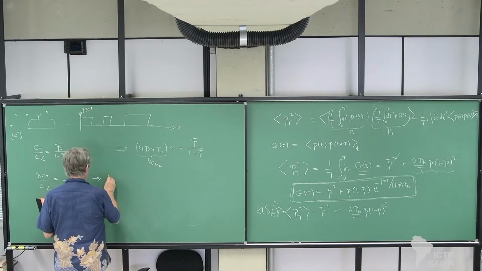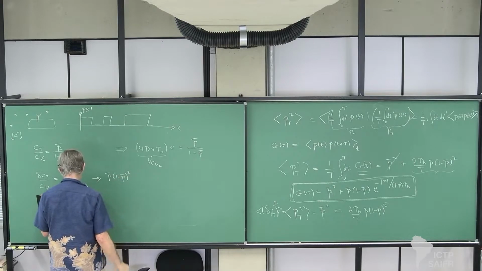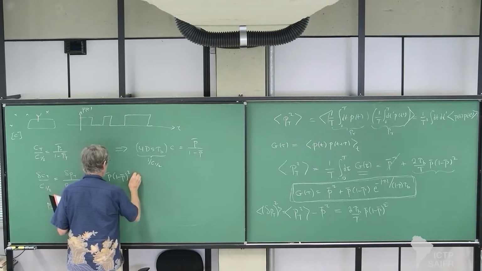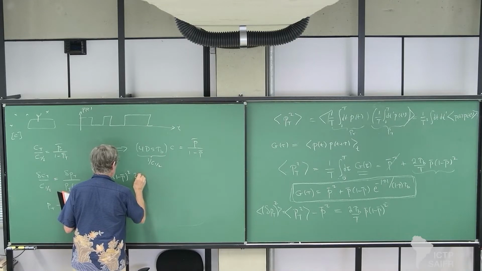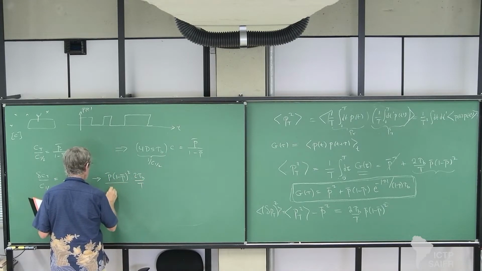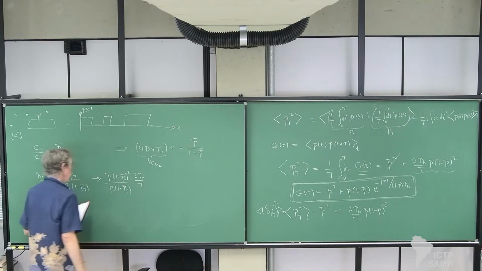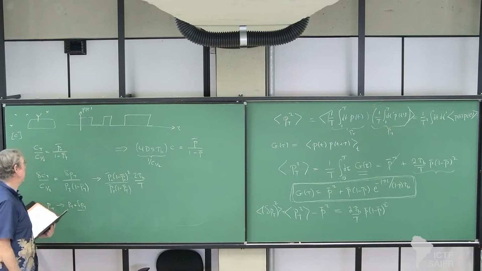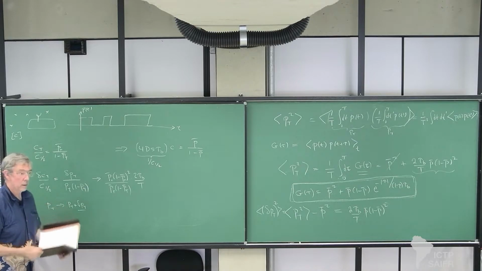P bar times 1 minus P bar squared times 2 tau divided by T, and of course I'm dividing it by PT. I'm making the notation unnecessarily complicated. All right?